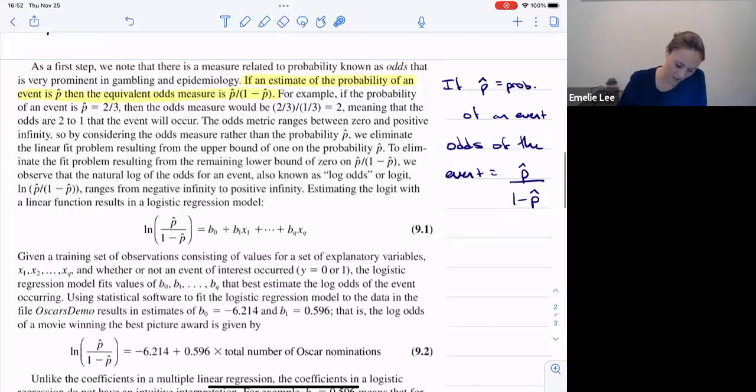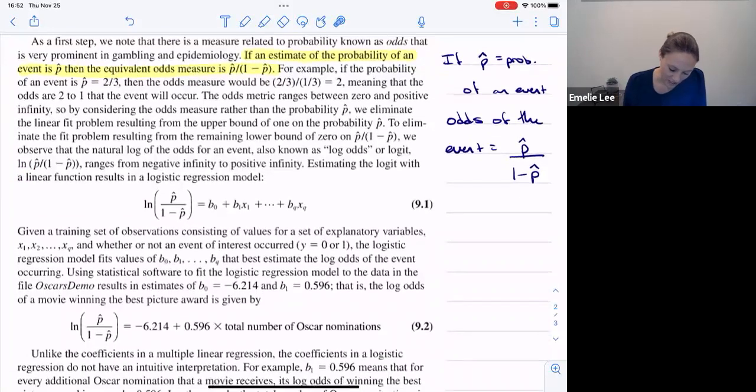Okay, so what we do is we use the log odds. We replace our y with the log odds. That seems weird, right? But that's what we do. And then what we're able to do is estimate the log odds with a linear regression. That's nice because we know how linear regressions work, right?